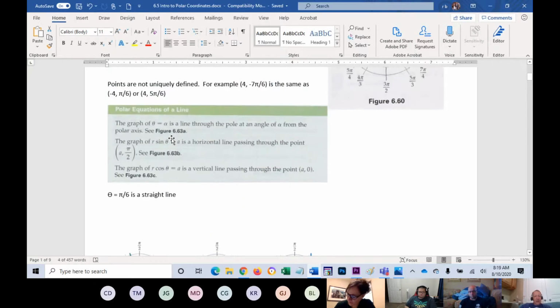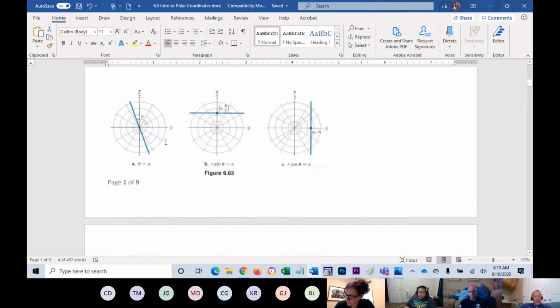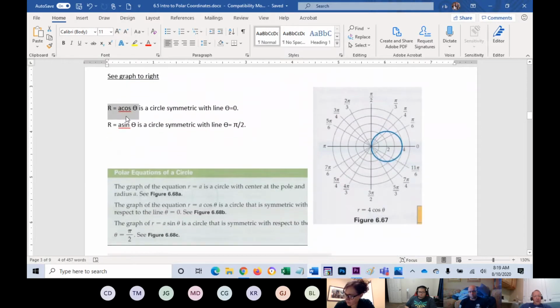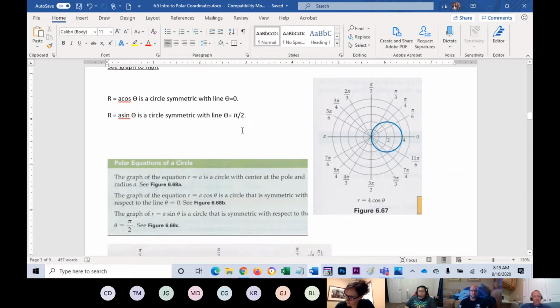I know that these look very similar, but remember, r equals a sine theta or a cosine theta is a circle with a radius related to a. And if we put the cosine or the sine on the other side of the equals, it's now a straight line.